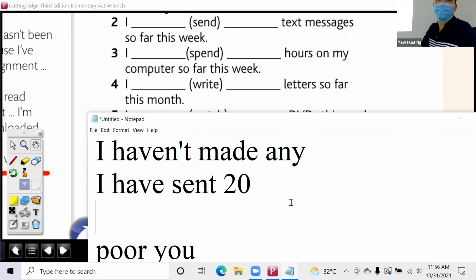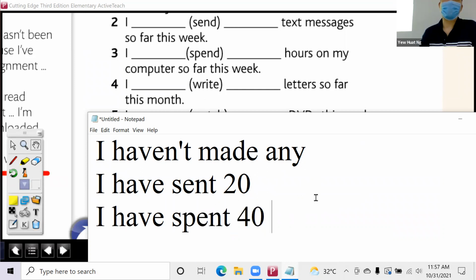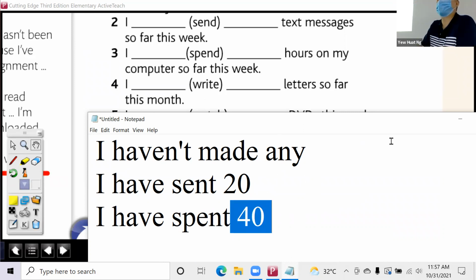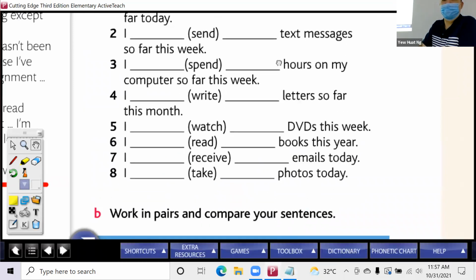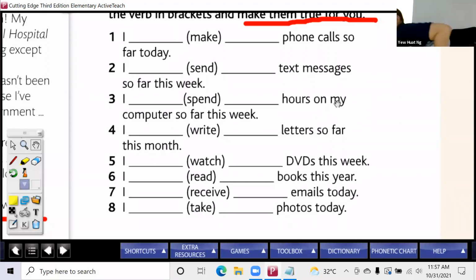Number 3, I have spent 40 hours on my computer so far this week. Do you notice all this? It's not just the grammar, but you actually have to put in a bit more. Do you notice it? All right.